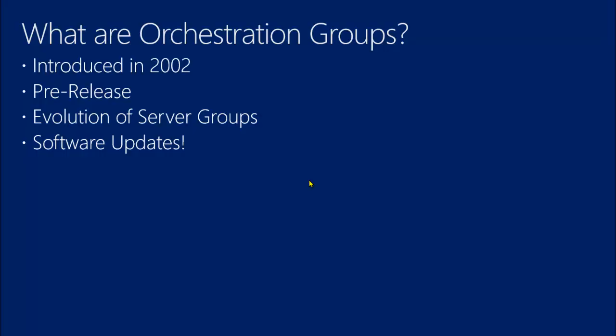Now, let's talk about that for a minute. So typically, when we think about something like orchestration groups, we think about it focused on servers, right? Because servers are the kind of system that we need to focus on, maybe more so than desktops, right? I'll say this again coming up in another slide, but think about clusters, right?